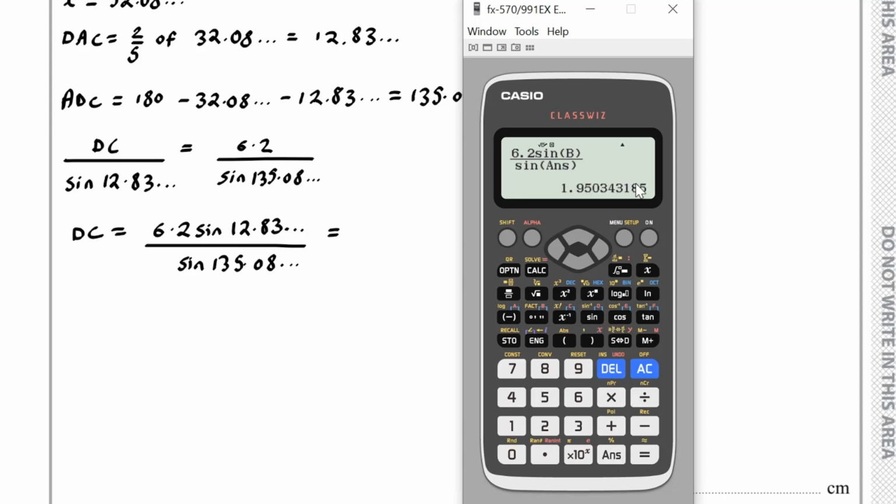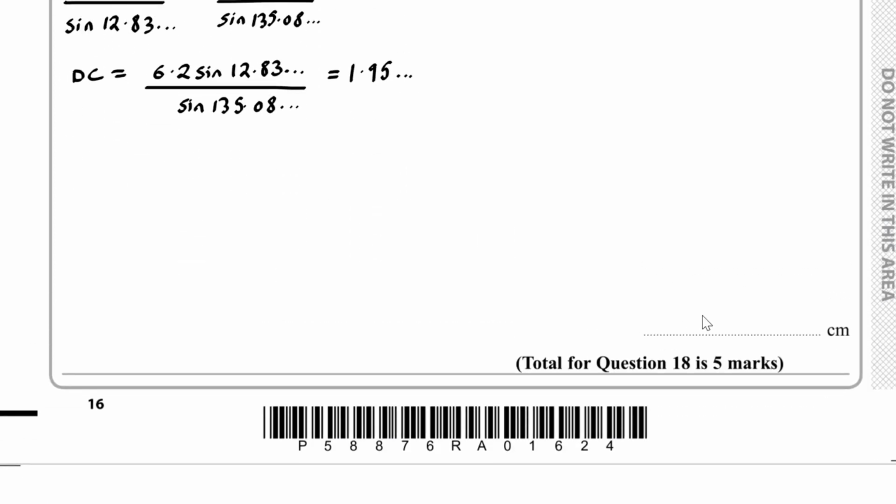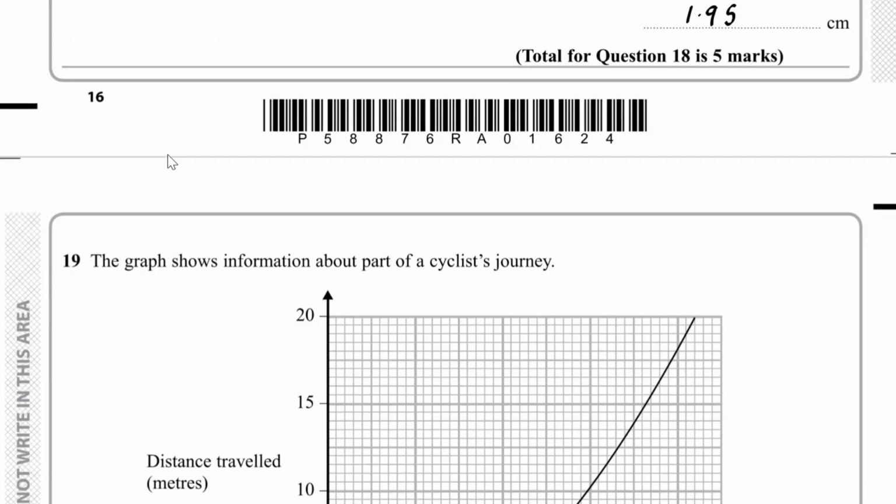So it turns out we get 1.95, etc. And therefore to three significant figures we get 1.95 centimeters.